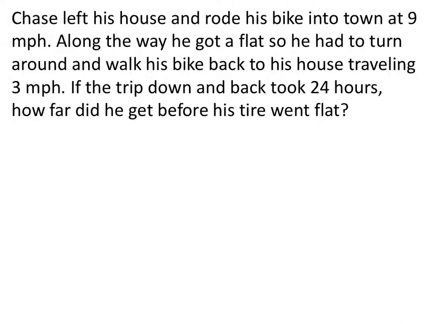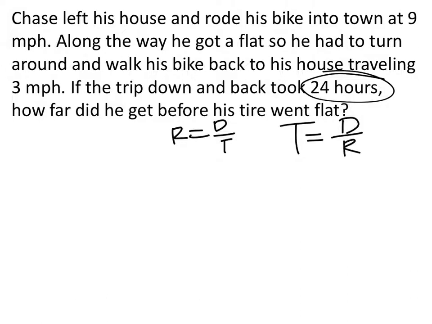Well, here's what we know is that the amount of time it took was 24 hours. So I'm going to make an attempt with the time stuff, right? So my time should be distance divided by the rate. So the time should be the amount of time it took to go into town, well, it would be the distance, which we don't know.